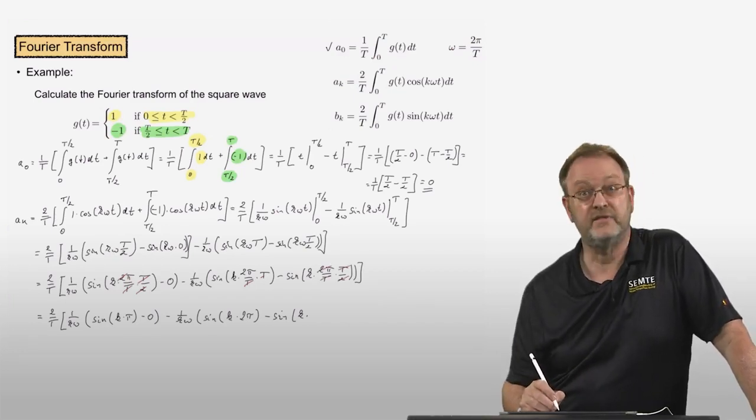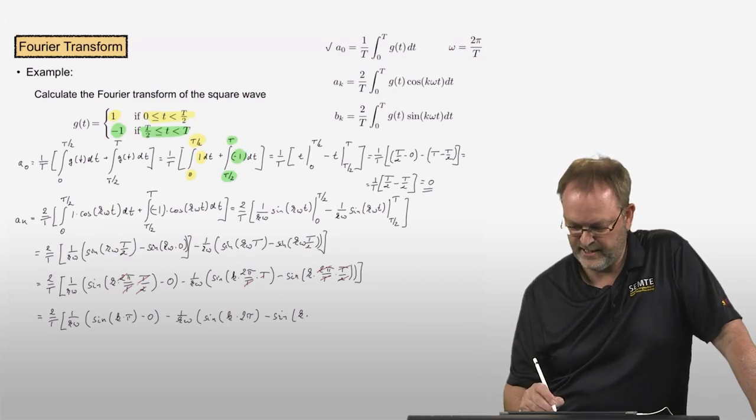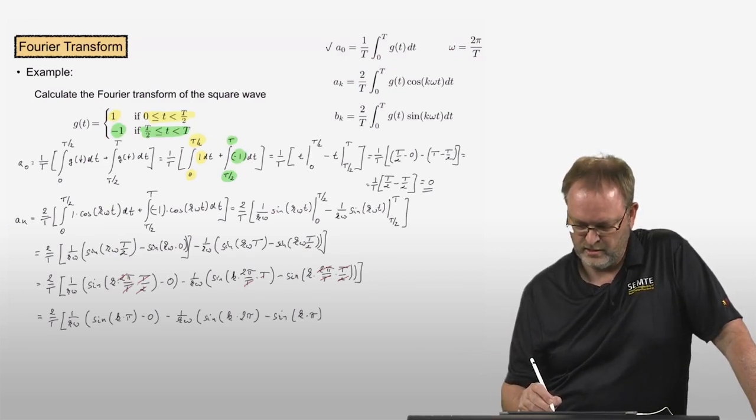So we're left with the sine of k times pi. All right. Couple of brackets closed.